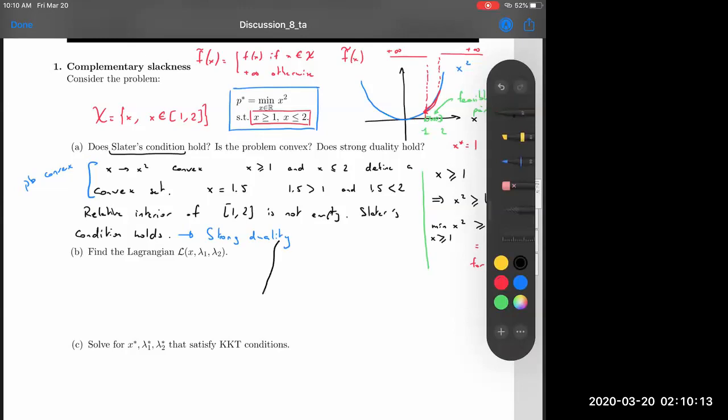So the Lagrangian is x squared plus lambda 1 times (1 minus x) plus lambda 2 times (x minus 2).